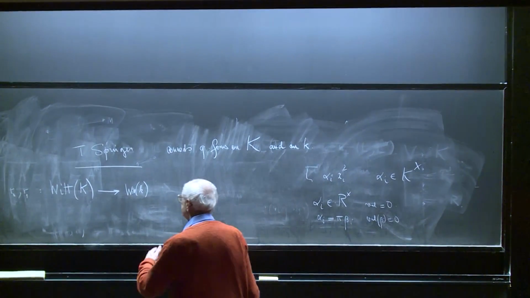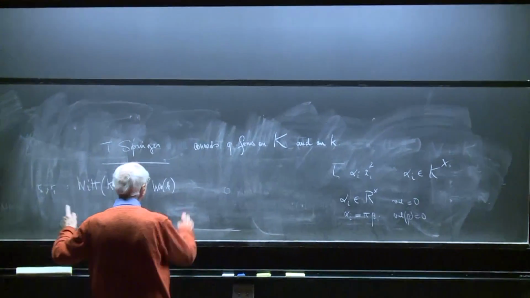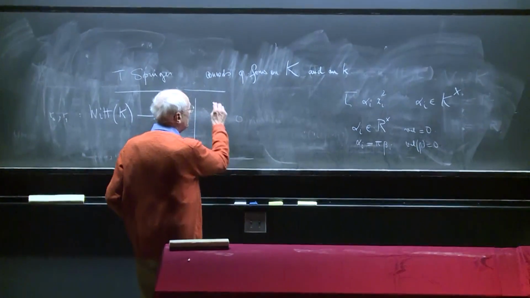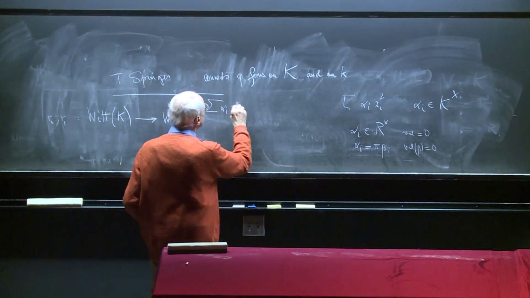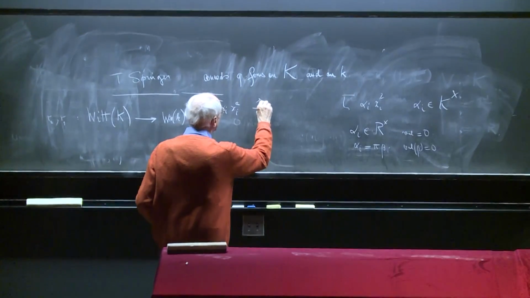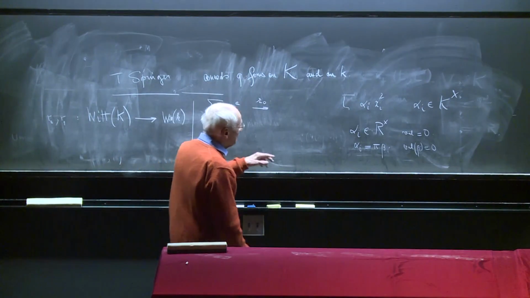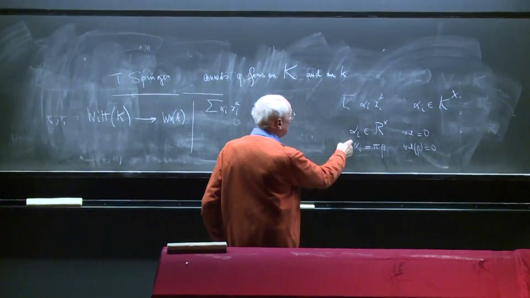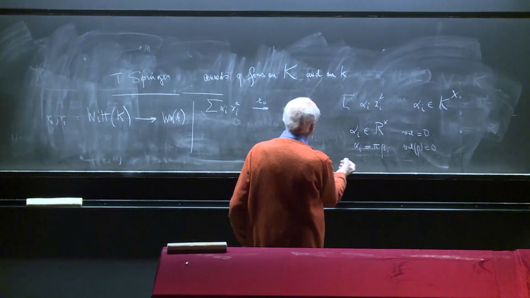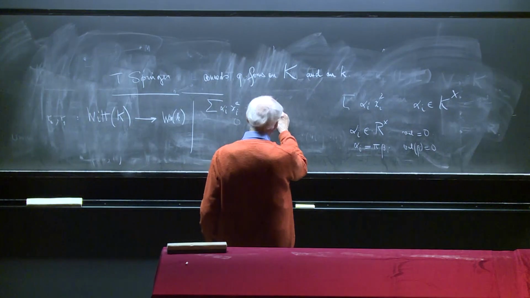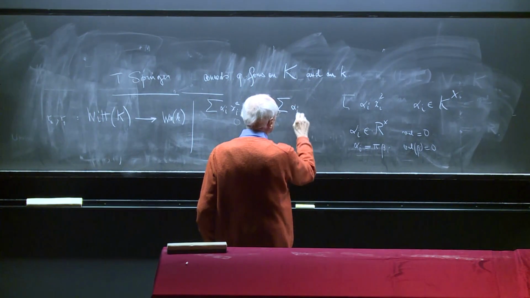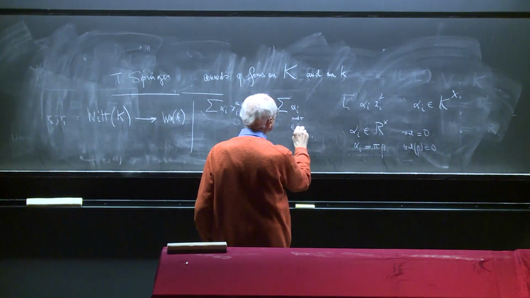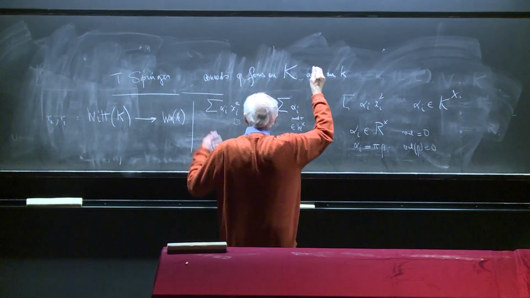And now the homomorphisms of Springer are the following. It maps the form, the first one, into the sum over the i. I mean, you have two different types of i. So inside the form you have the sum of alpha_i mod pi, which is in k, x_i squared.